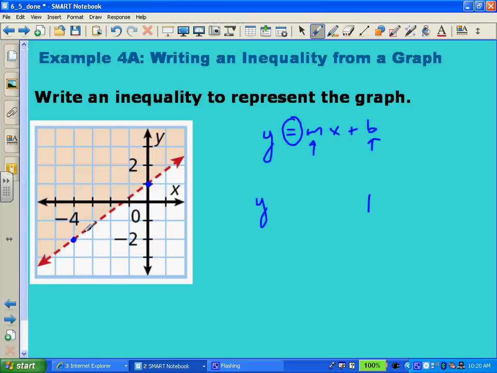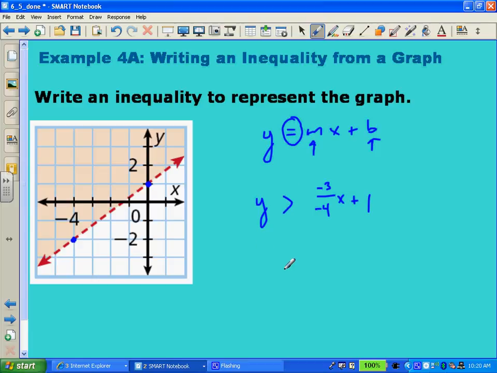Now if I look for another point here where it crosses at a corner, which would be down here, it looks like I have to go down 1, 2, 3, so my slope would be negative 3 over 1, 2, 3, 4, left 4, so that would be negative 4 as well, positive 1. And then, is it shaded above or below?